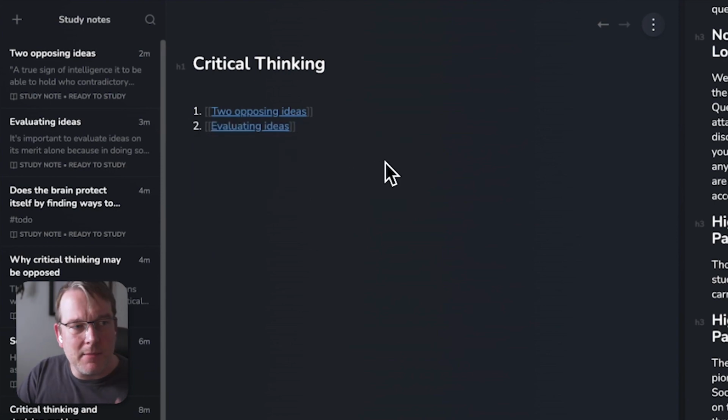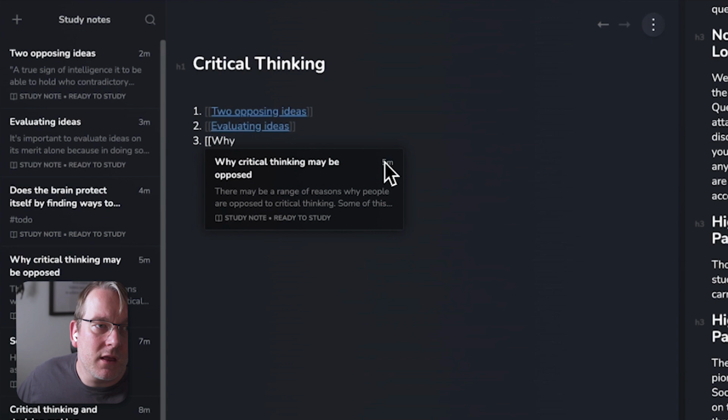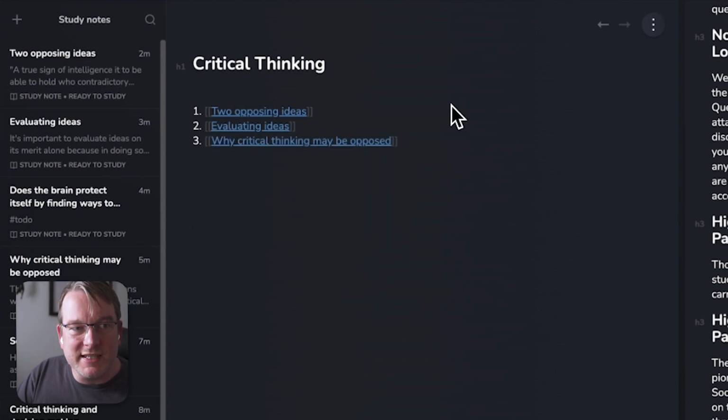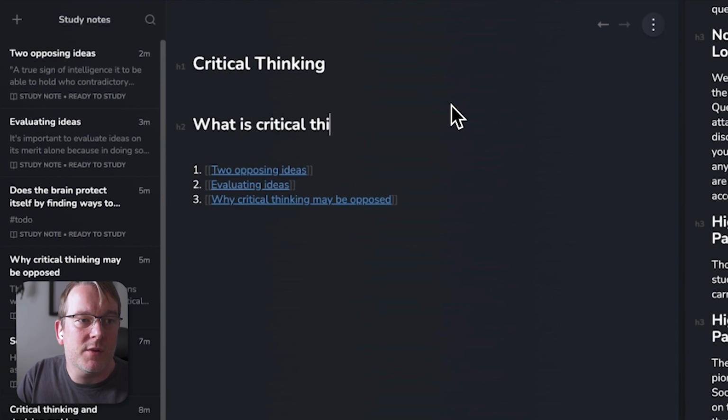And once I get a more complete view of this, I can reorganize it. I can start putting some hierarchy back in and look at where the relationships and the groupings are and where one thing links to another. So I might have, what is critical thinking? I might put that in there.